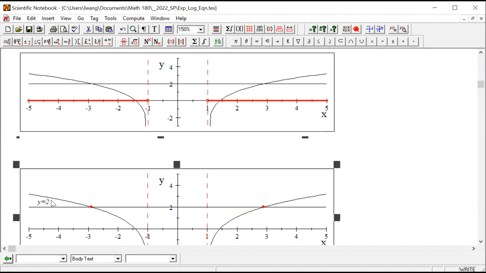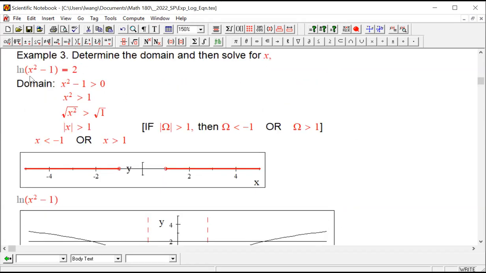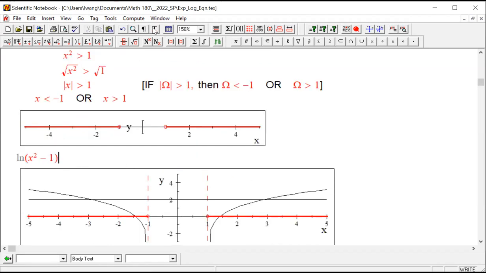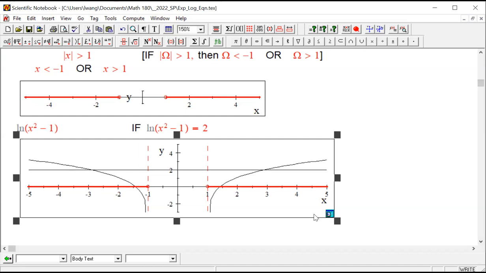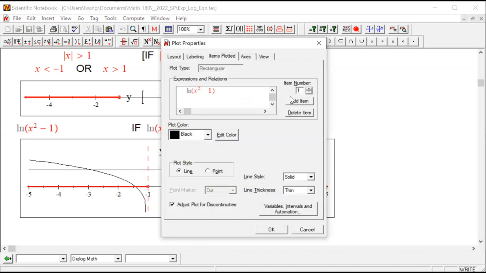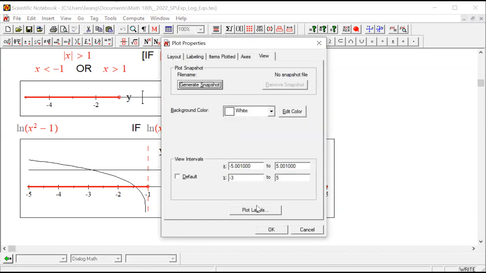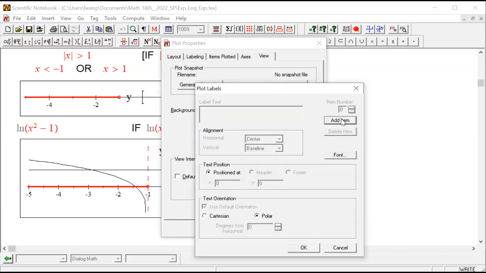So we graph the horizontal line y equals 2, which is stated by the equation, if the output equals 2. We draw the horizontal line, and I'm going to draw this y equals 2 in the picture.